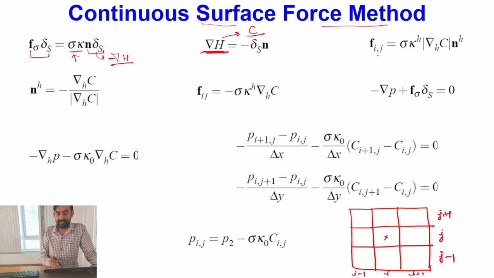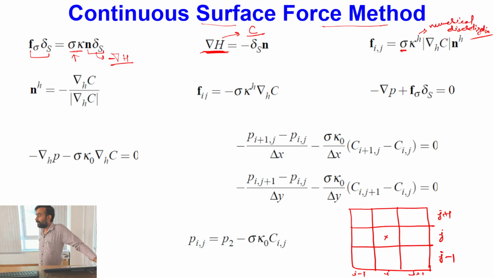So F of i comma j will be equal to sigma. Sigma is a constant quantity, it will be an input parameter for a particular fluid pair, and then I am writing k_h. Here the subscript h denotes the numerical discretization. Okay, this h subscript is actually referring to numerical discretization.